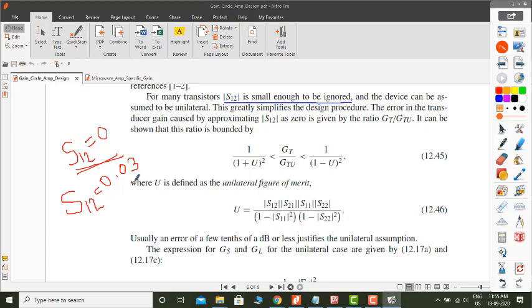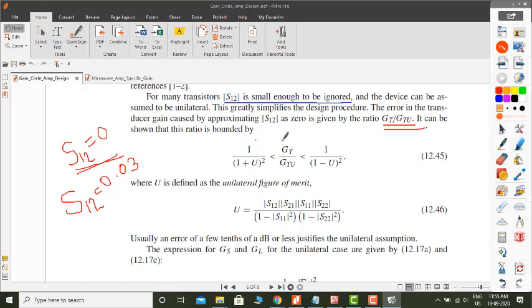That error we can compute in the gain by using the ratio GT by GTU. GT is the transducer gain, the actual gain that we are going to get. GTU is the transducer gain corresponding to the unilateral device.